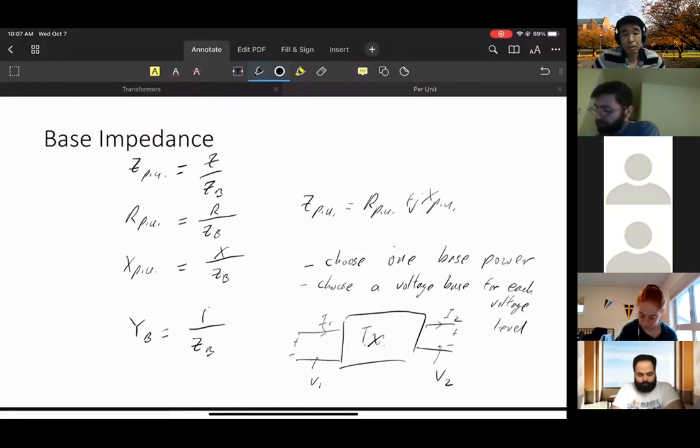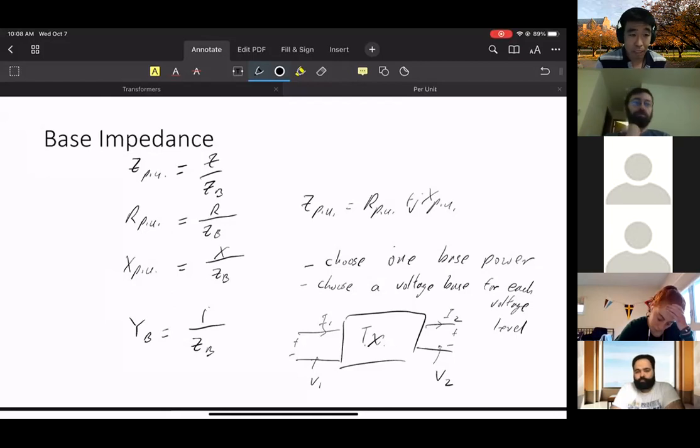What we want in our per unit system is for it to make the transformer go away. So we choose one nominal power base, then we choose voltage bases for each side of the transformer. And this turns out to make our life the easiest.